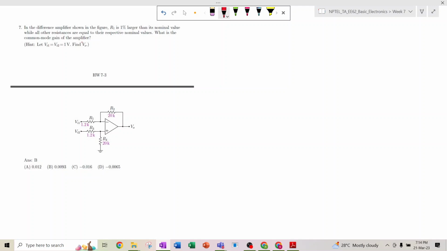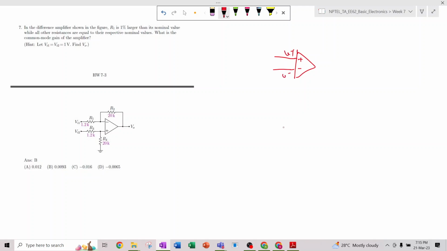Okay, so what do you basically mean by the common mode gain of an amplifier? Suppose there is some amplifier, so it has some signal that is plus and this is minus. So here it is V plus and here it is V minus.